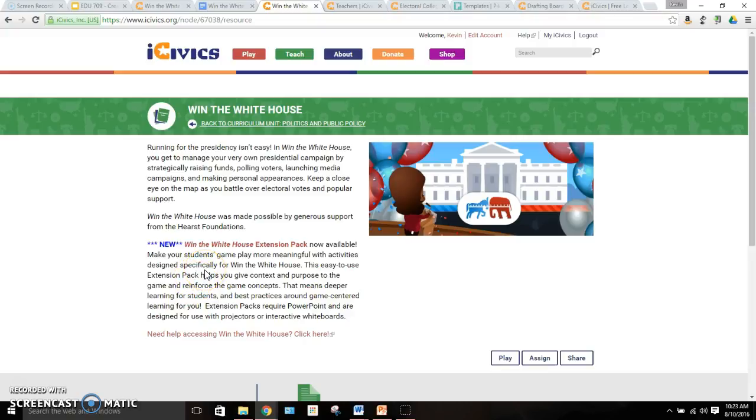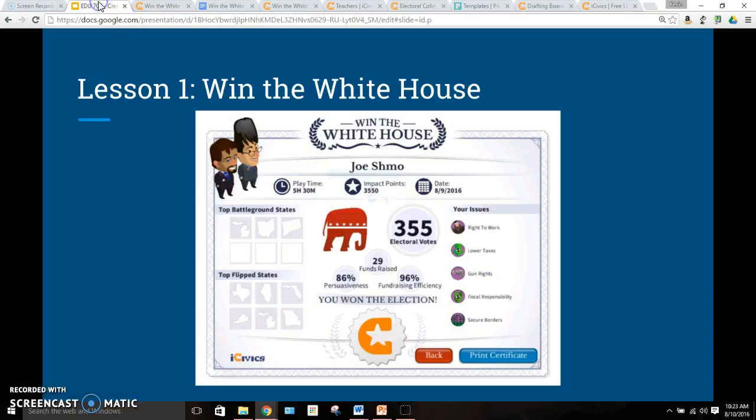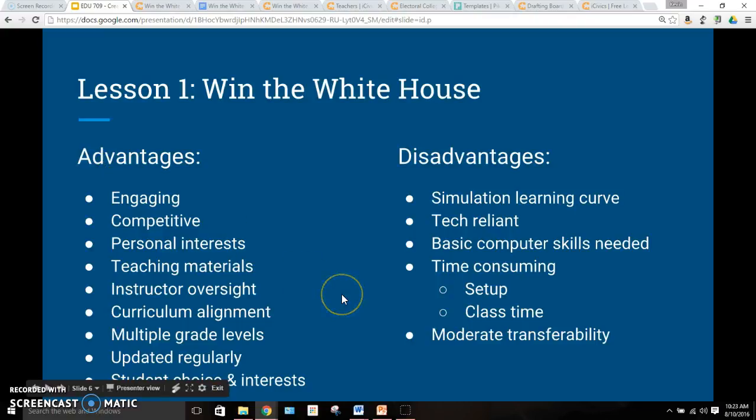Now, advantages and disadvantages. First of all, I mean, it is an engaging activity. It's competitive. It does allow them to choose issues that they are in fact interested in. They don't have to just be stuck with the ones I assign them. It allows me to see their progress in the game if they are logged in under the class shell that you can create, which is actually kind of one of the disadvantages.